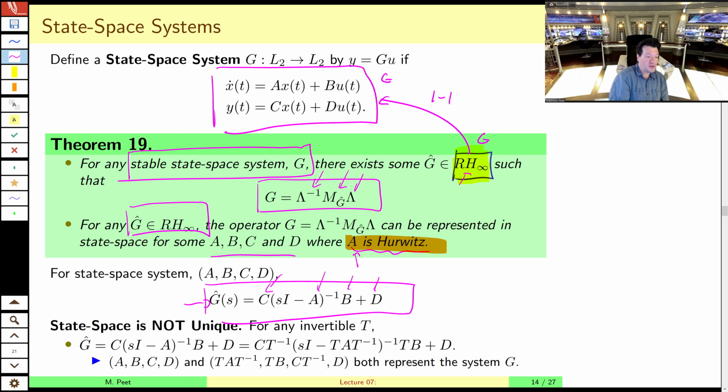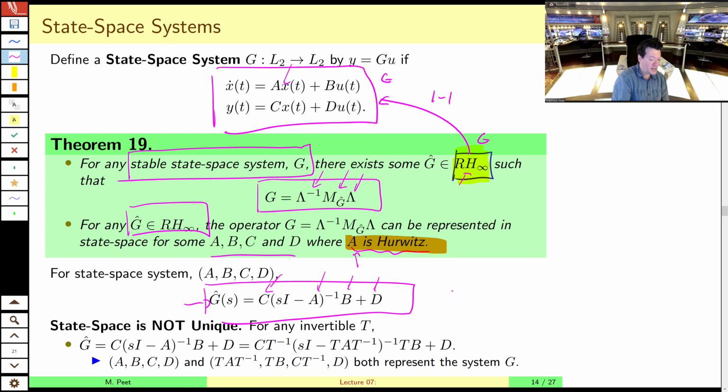Now, I said they're one-to-one, but of course, the representation is not necessarily unique. For example, take a similarity transformation of the internal states, x. We can use a different choice of x for our internal state, which is defined by this similarity transform. And in fact, we could just plug this into the formula.